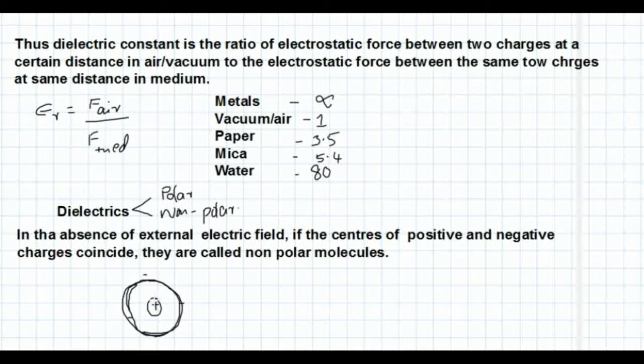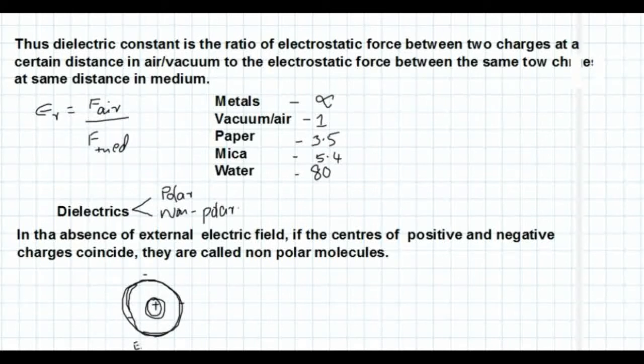So in such a case, we can see that the center of this negative cloud and the center of this positive cloud overlap each other, or the center of both negative and positive clouds will be at the same point. That means they overlap.